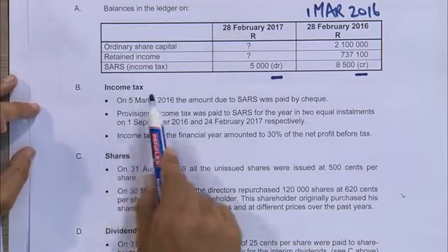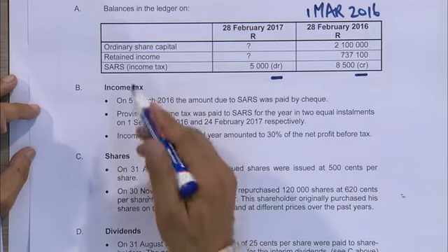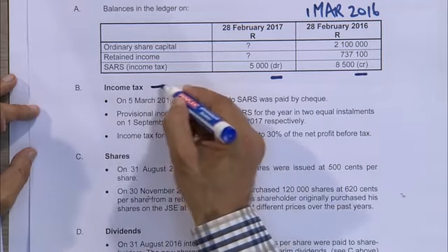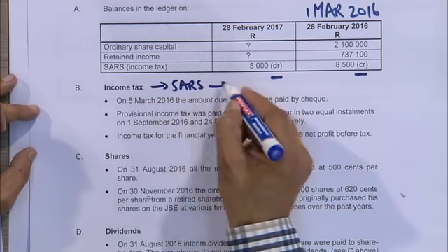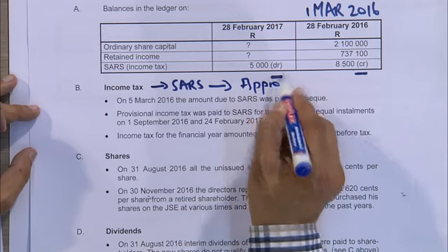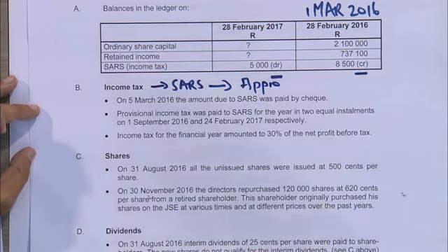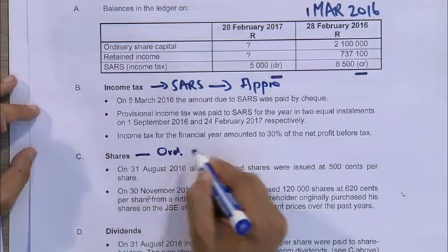Then they're talking about the income tax. That income tax will obviously affect the SARS account. And we're going to need the income tax that's going to go to appropriation. But here we have the shares. So this part will affect the ordinary share capital.